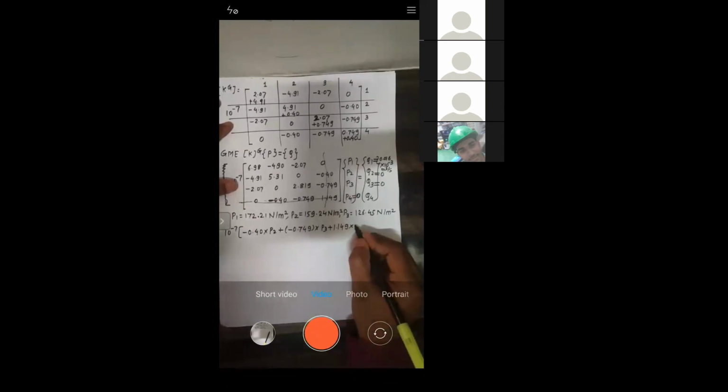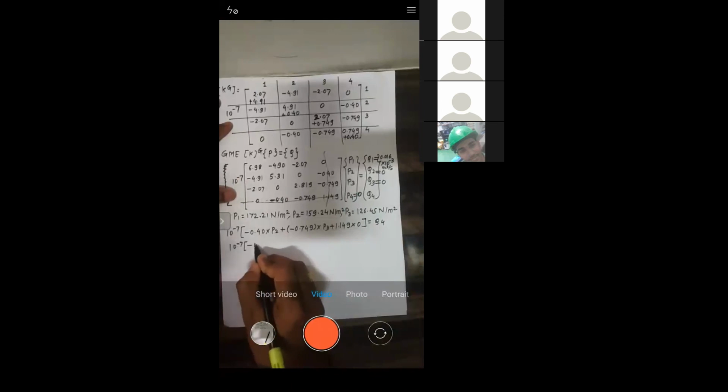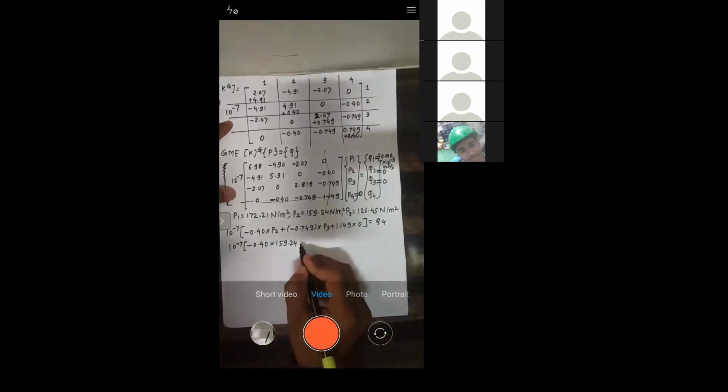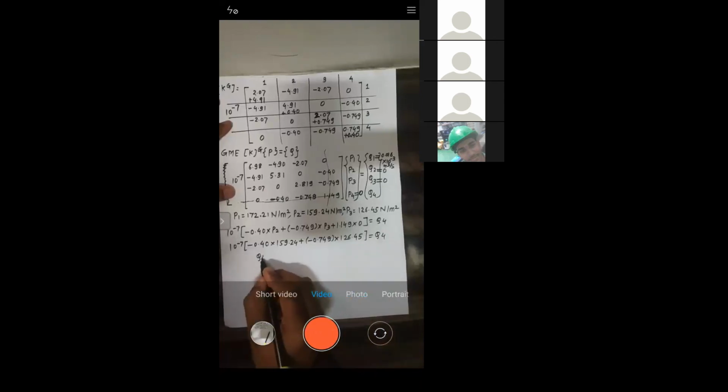P4 is again 0. Is equal to Q4. So just put this value: 10 raised to power minus 7, minus 0.40 into P2 is 159.24, plus minus 0.749 into P3 is 126.45. This is 0 is equal to Q4. And let me know the value of Q4. What are you getting?